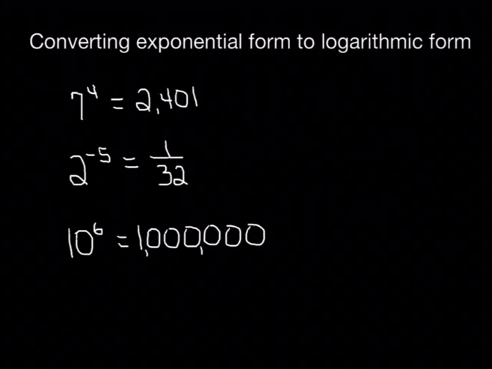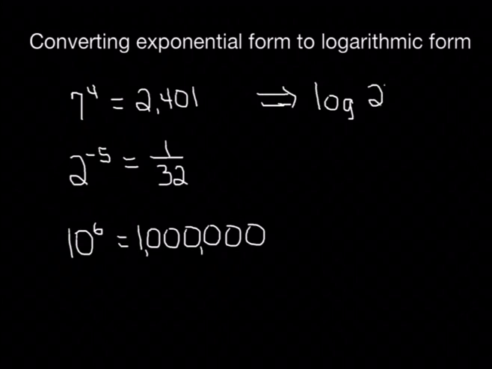All right, so here are 3 problems where we have it in exponential form and we want to convert it to logarithmic form. So we say, well, this is the log of 2,401 in base 7 is equal to 4.